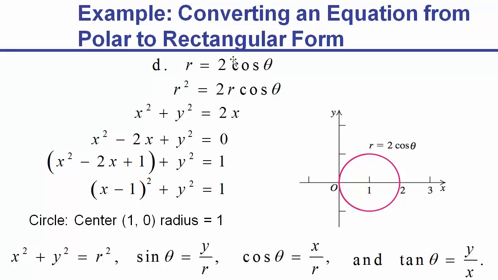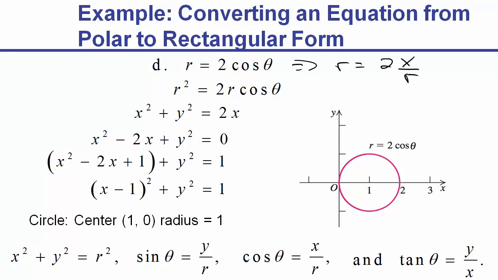If we just did a substitution here with cosine theta, we would have x over r. So if you don't see this step this way, if you went the other way, you would see it, right? So maybe you can just go, hey, cosine theta is this. I'm just going to do a straight substitution. I'm going to get r equals 2 times x over r, right? Because with cosine theta equals x over r, I just do a straight substitution.